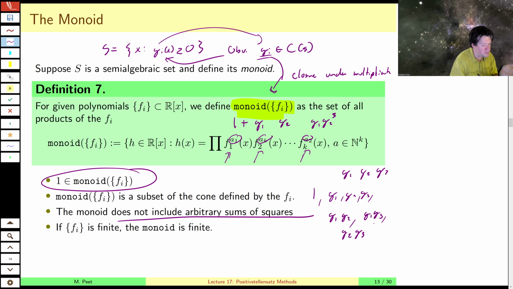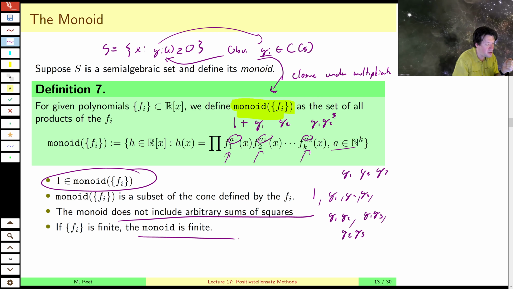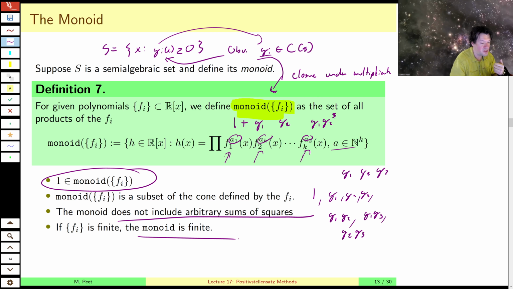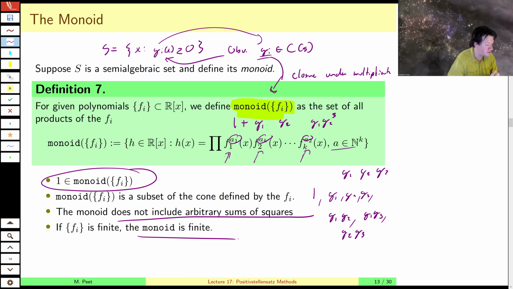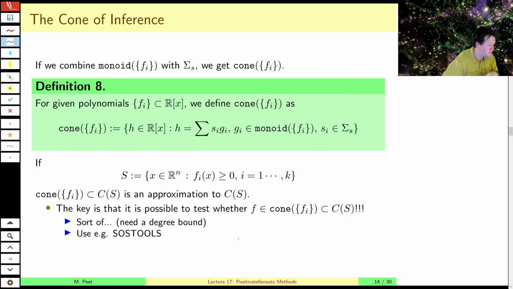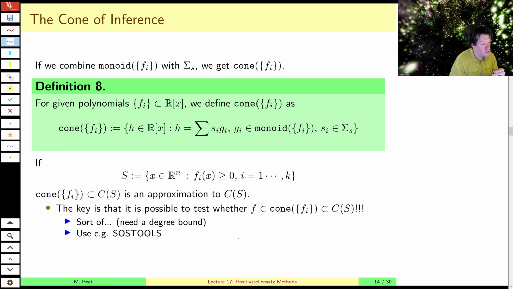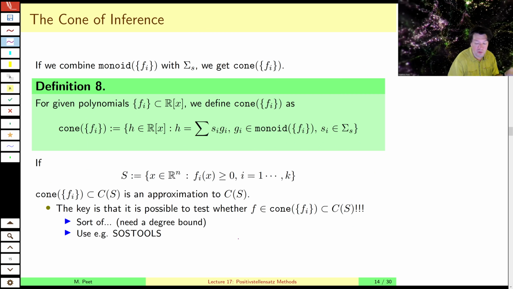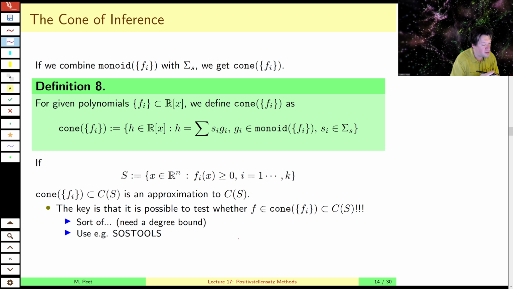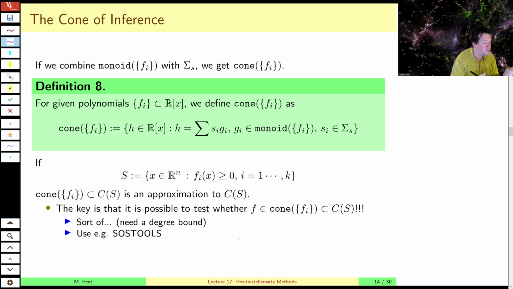So if we stop at finite powers, then this part of the monoid at least is finite. So we don't have to go any further than that, if we modulo the squares. Okay. So there's no optimization problem in that one. There's no arbitrary sums of squares. We know what all the GIs are, so it's fixed. The monoid is fixed, right?